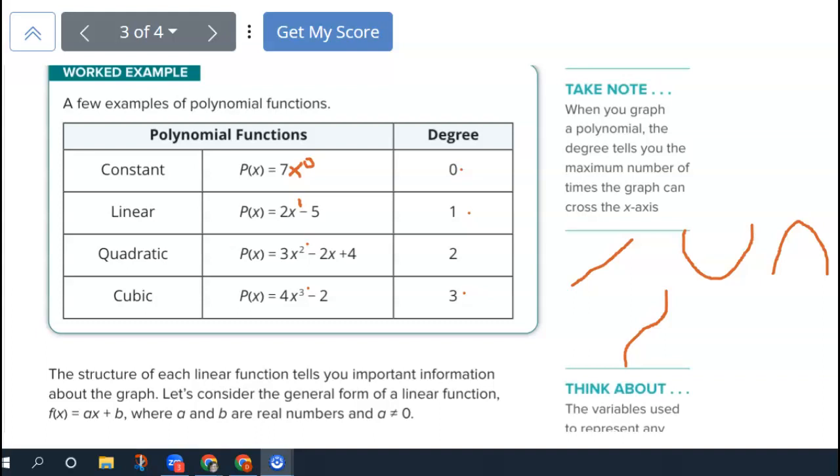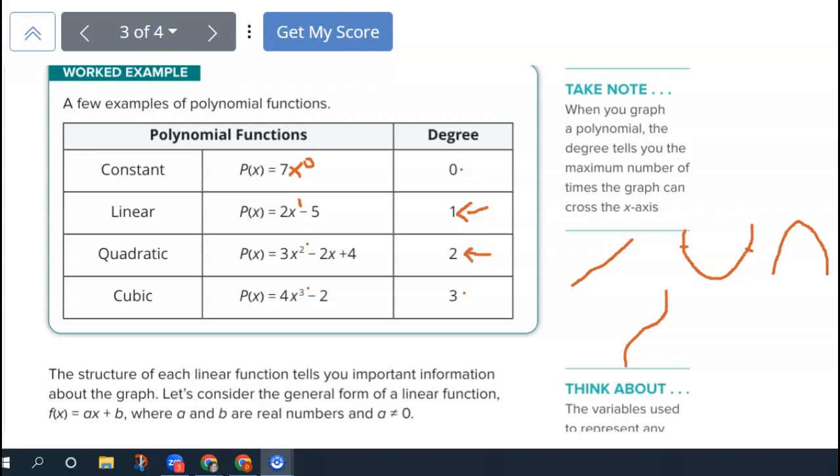And so these polynomials, when they're on a graph, on the coordinate plane, it's going to tell you the maximum number of times the graph can cross the x-axis. So linear equations, maximum, are going to only cross once. Quadratics, maximum, are going to cross no more than twice, maybe even less, but the maximum of 2 times.